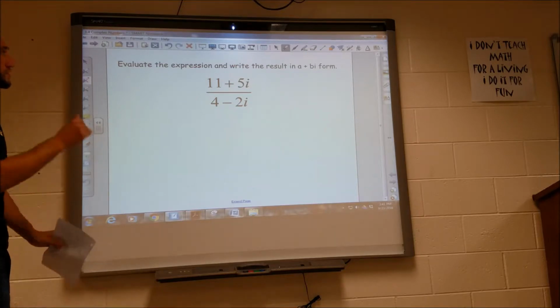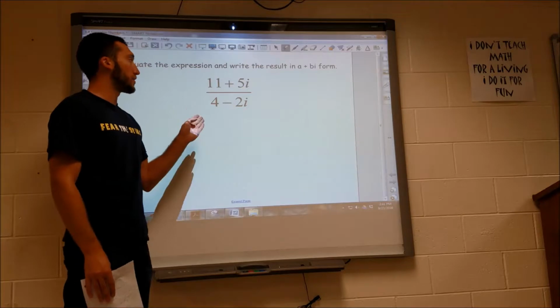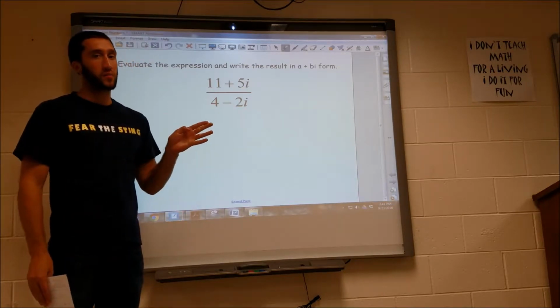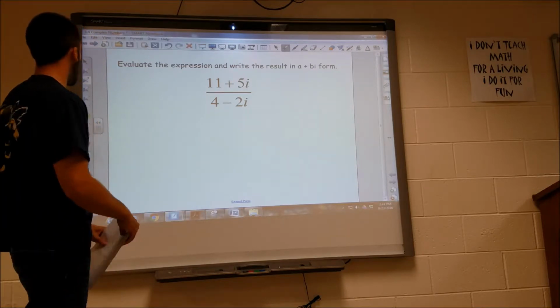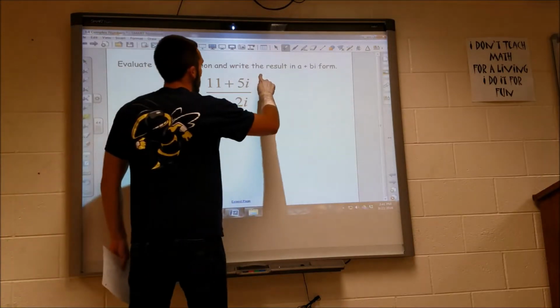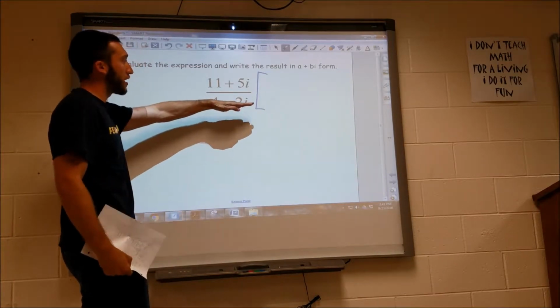Now they've got us dividing. Okay, and dividing complex numbers is a little more difficult than just simply multiplying them. In order to divide them, I start off by multiplying by the complex conjugate of the bottom.